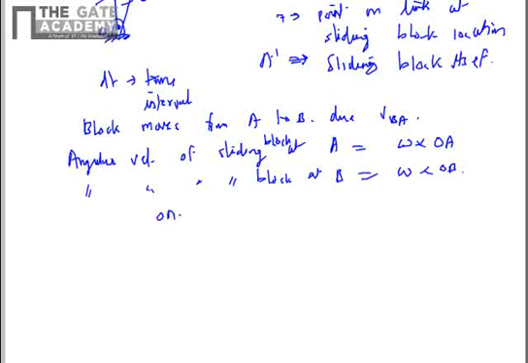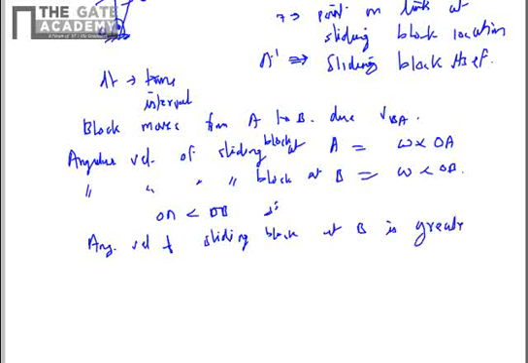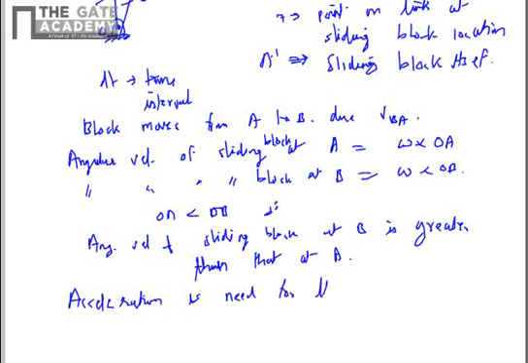So since OA is less than OB, the angular velocity of sliding block at B is greater than that at point A. So some acceleration is needed for this velocity increase. For any velocity increase, there is acceleration needed.